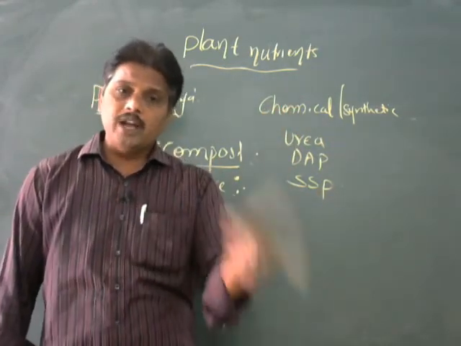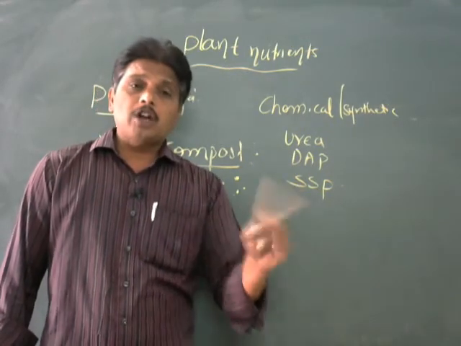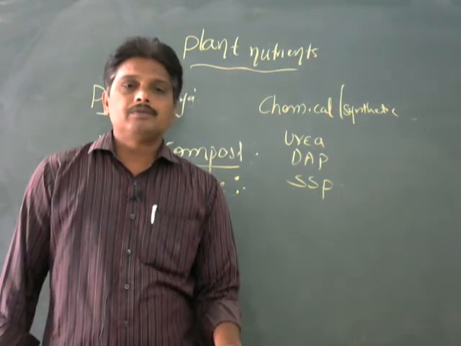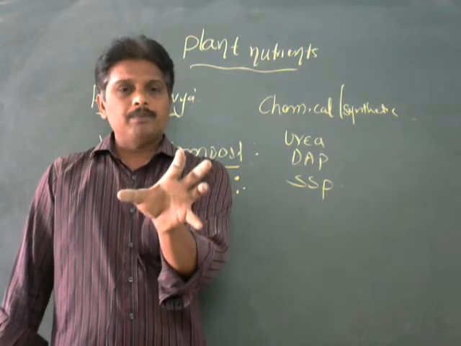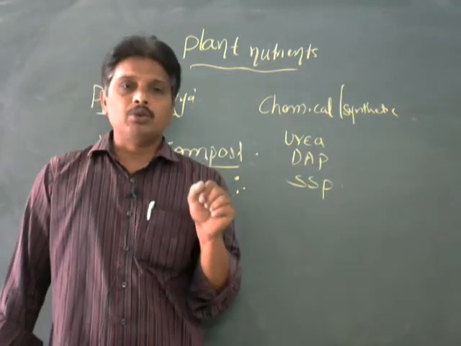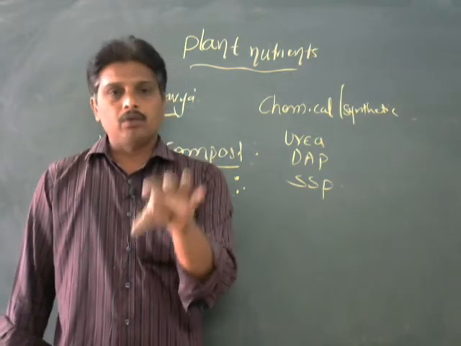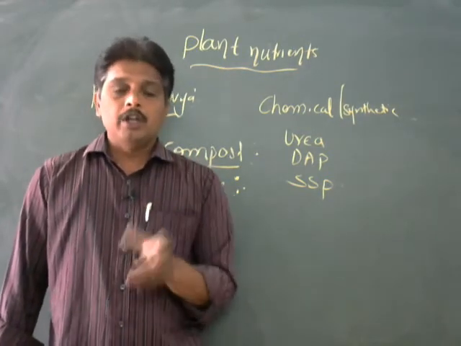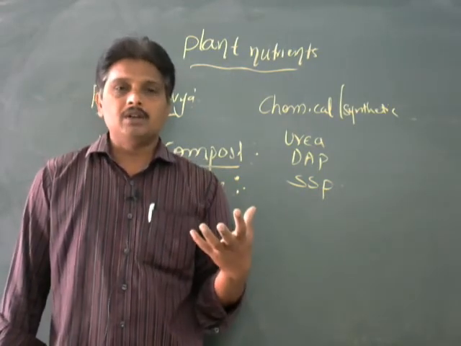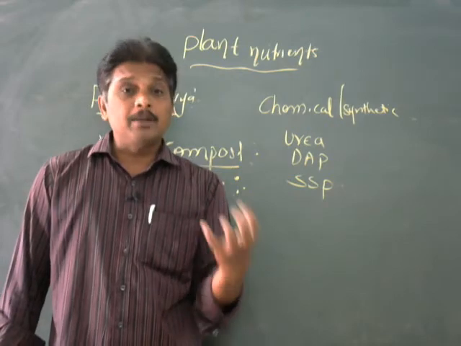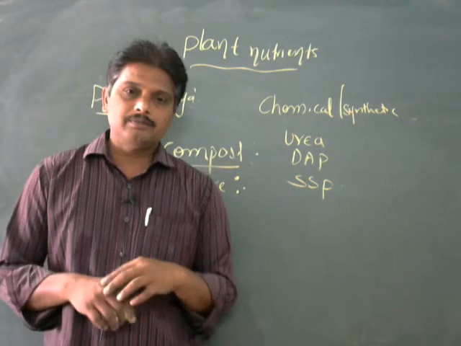Otherwise, though he uses the fertilizers, if it is not the appropriate time, it is wasted. At a particular point of time the crop plant has maximum capacity to absorb and utilize the nutrients, either before flowering, after flowering, or at fruit forming, depending on the type of crop. If you add them then, the plant can absorb very effectively and make use of them. If you add the nutrients at an inappropriate time, the plant cannot absorb them, and they will go to waste.